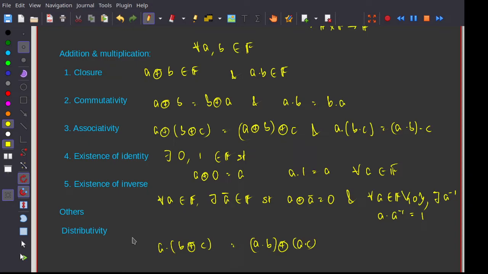It's always distributive. You can formally show this, convince yourself. So it's distributive for every q. What about inverse? Additive inverse, does it always exist?